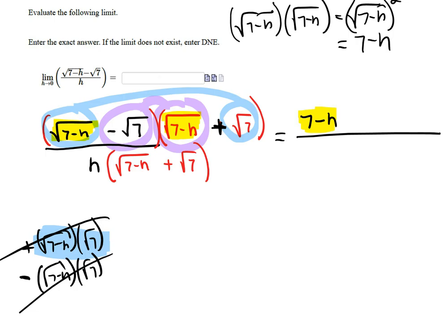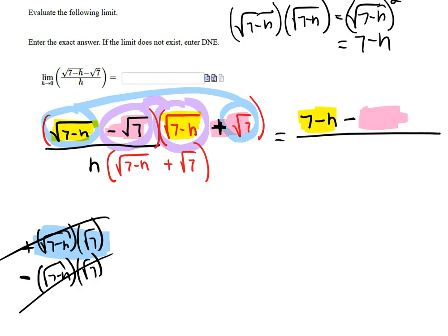And then the last thing I do is take last times last. So I'm going to take a negative square root of 7 times a positive square root of 7. It's a negative times a positive, so it is a negative.